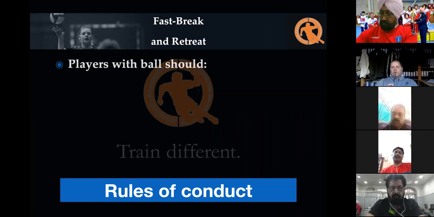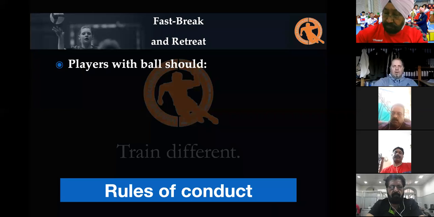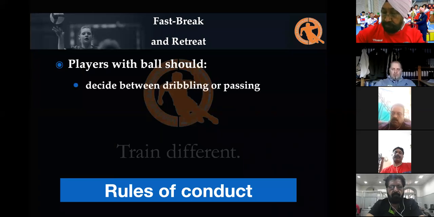Now, first of all, we have rules for the players with the ball. What does the ball possessor should do in fast break? And the first seems very easy, but you will see in the video afterwards, sometimes it's not so easy. It's to make a decision between to dribble or to pass.